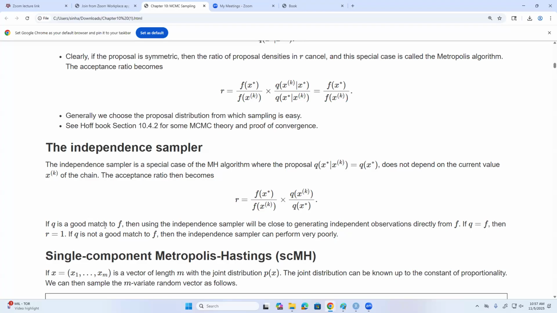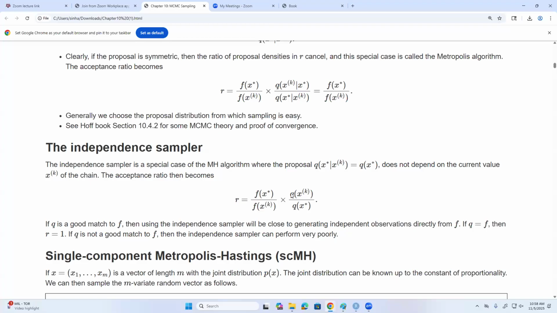And if Q is a good match, if your proposal density closely resembles the target density, that is the best thing. But if Q is not a good match to F, then the independence sampler can perform very poorly. And that is a very important message: for the sake of easy calculation, we prefer to take the independence sampler, right?